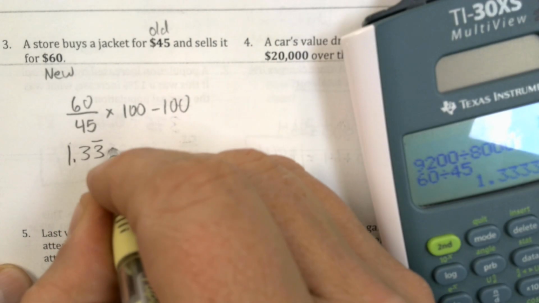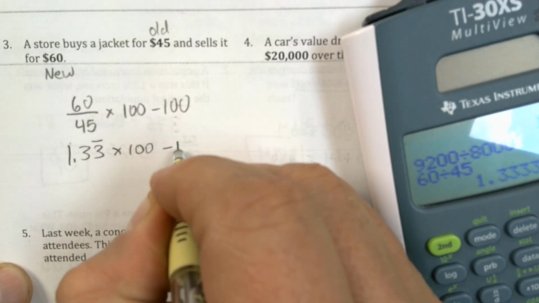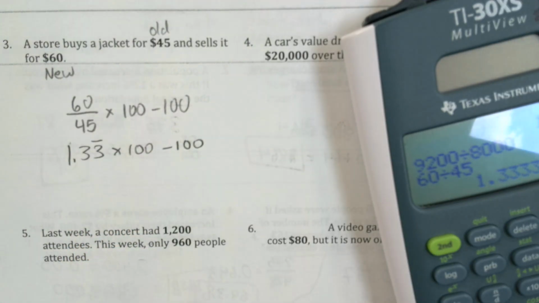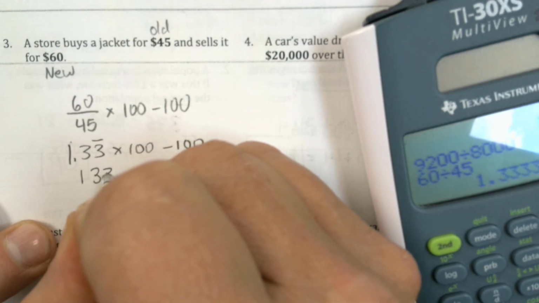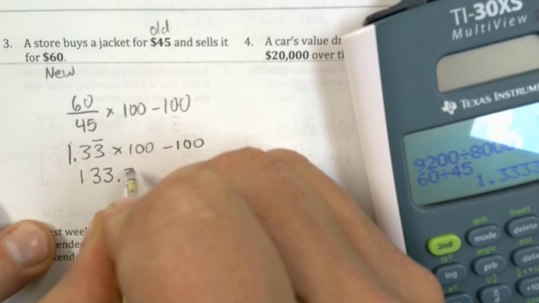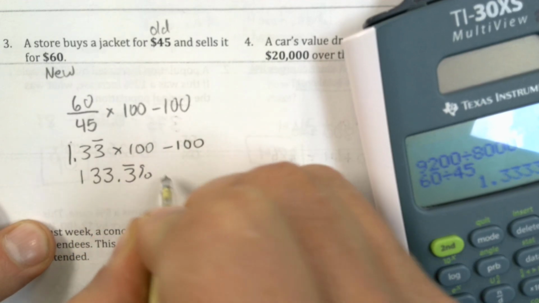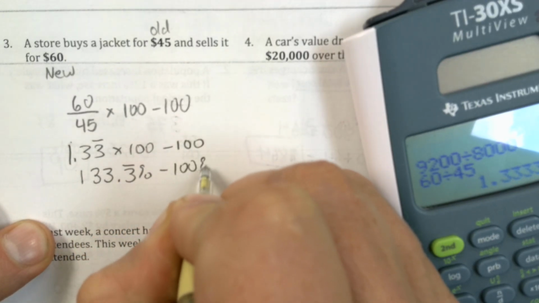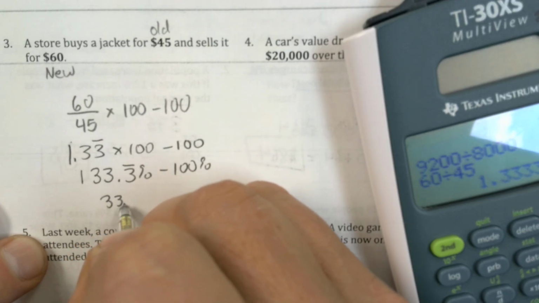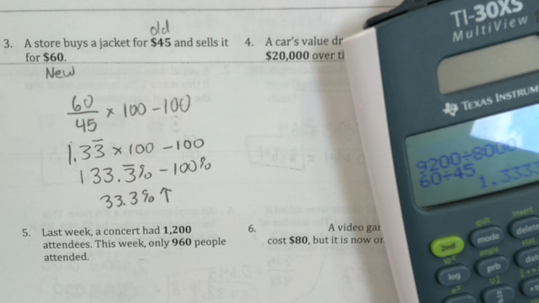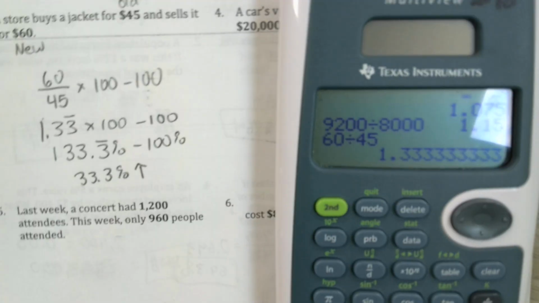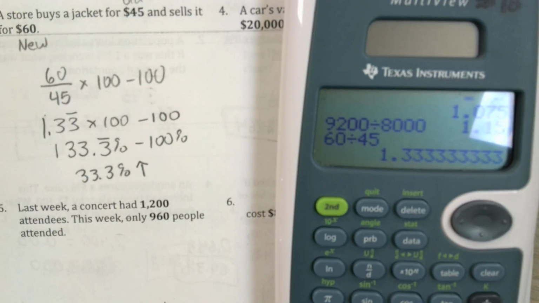So after I multiply by this 100, so that my final percent answer has 1 decimal, 1 value past the decimal, this becomes 133, and I'll add 1 more 3 here, percent, and we're going to subtract 100% from it, which gives you a 33.3% increase. So once again, this process is pretty much the same every time. It's new divided by old times 100 minus 100.